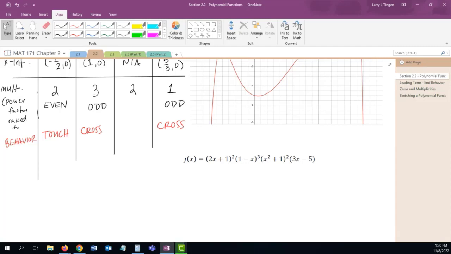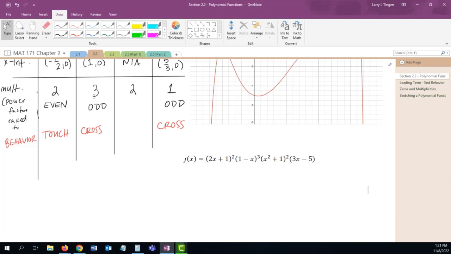The higher the power, I think it's just going to get really tight. If it's going to go up, touch and come down, that parabola is going to get closer and closer together. And then if it's odd, it's going to grow a lot faster. So once it crosses, it'll probably speed up, it'll get steeper and steeper. But anyway, there is my function.